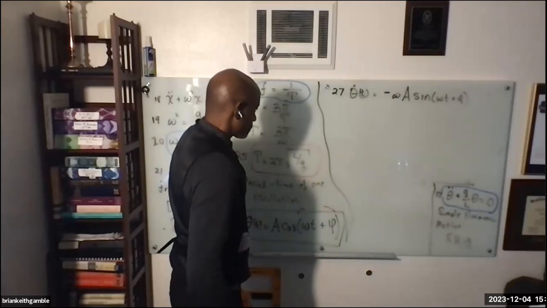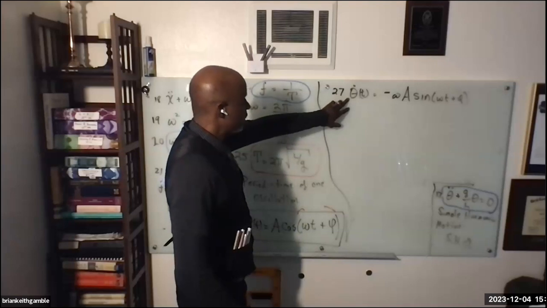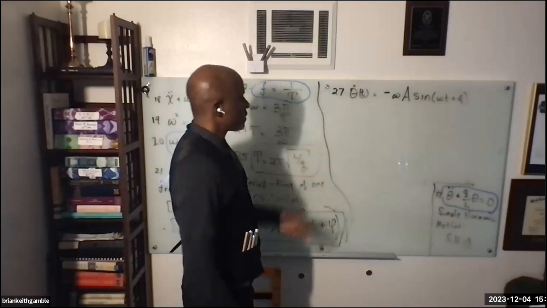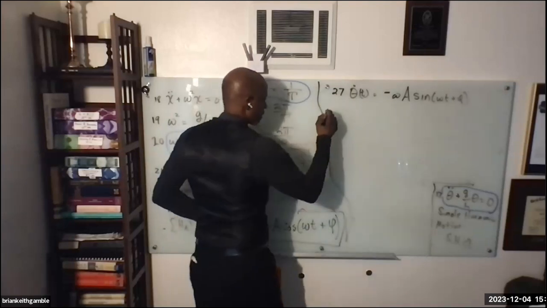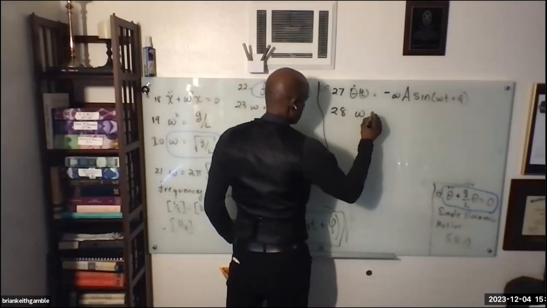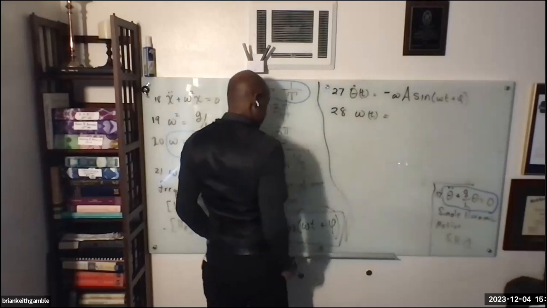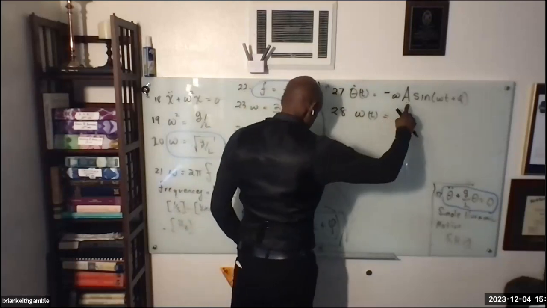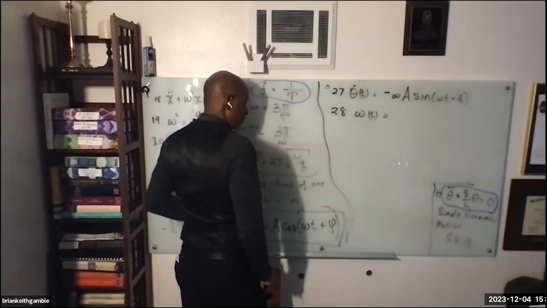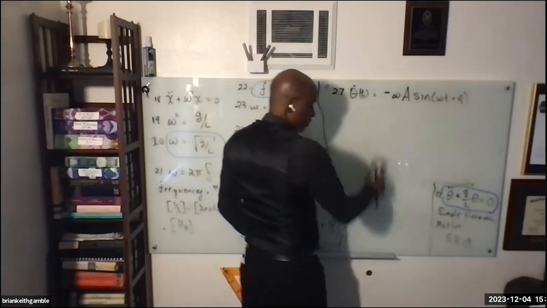Basically, theta dot is the angular velocity. So by taking the derivative, you get the equation for the angular velocity. Omega is the angular frequency, and theta is the position.